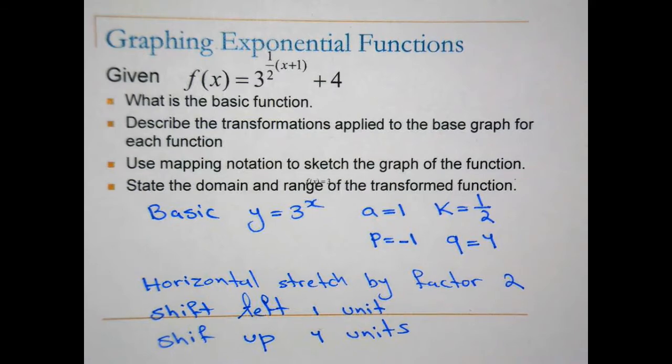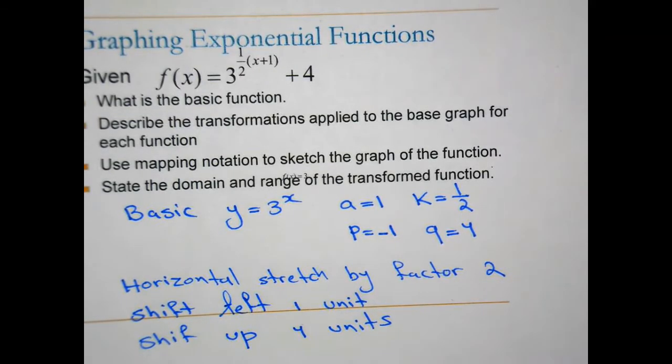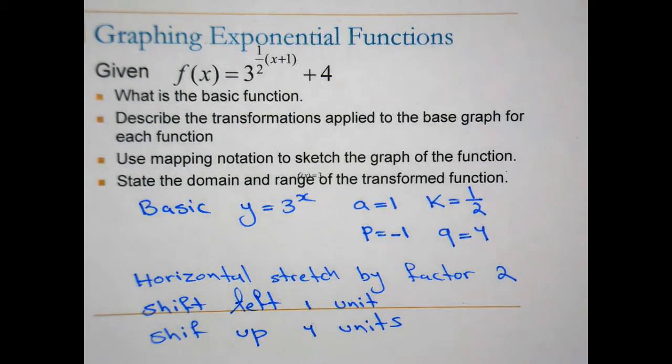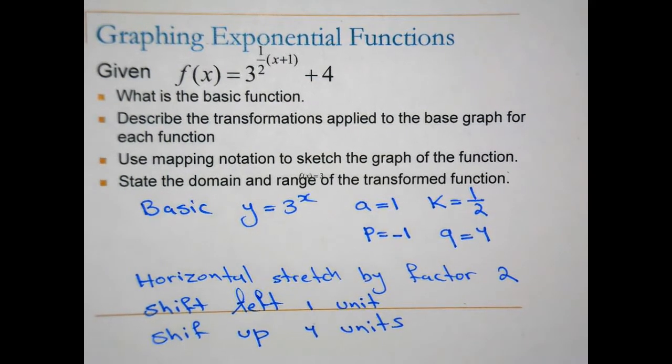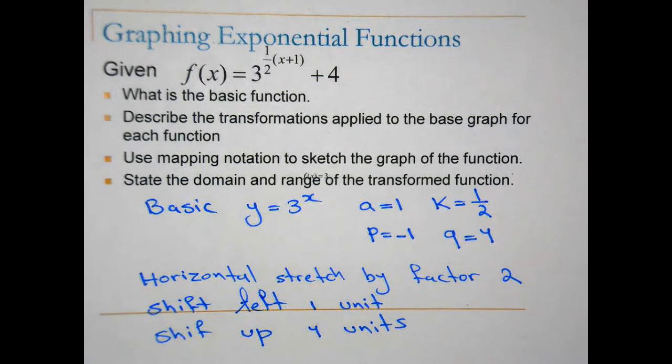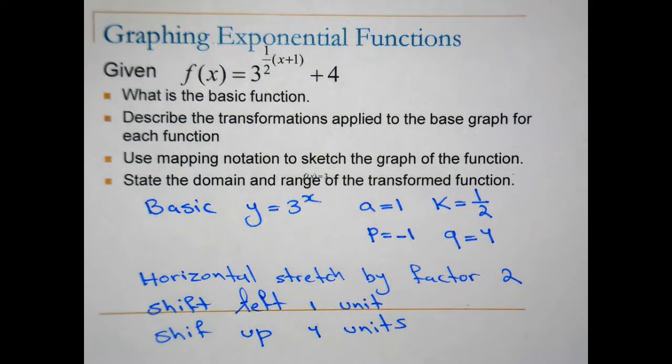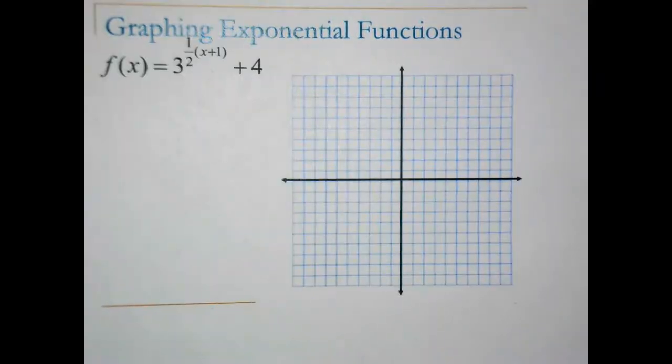Now please pay attention to the fact that the horizontal asymptote of the basic function will only be affected by the shift up. So that's the only thing which will affect the location of our horizontal asymptote. So now let's go and do the mapping notation.